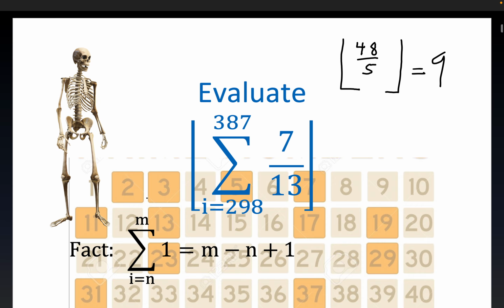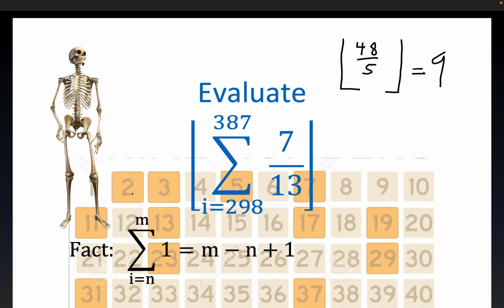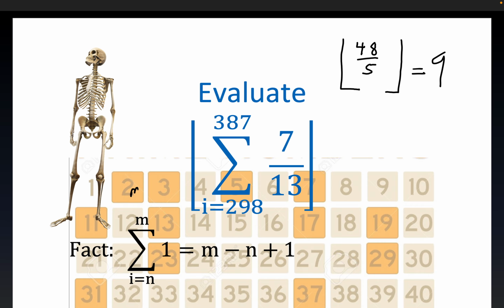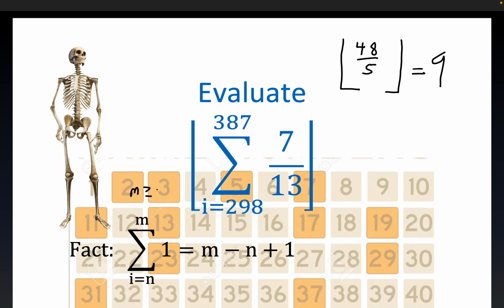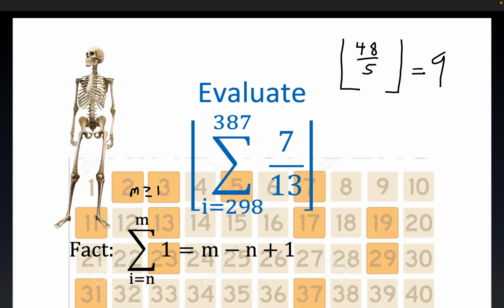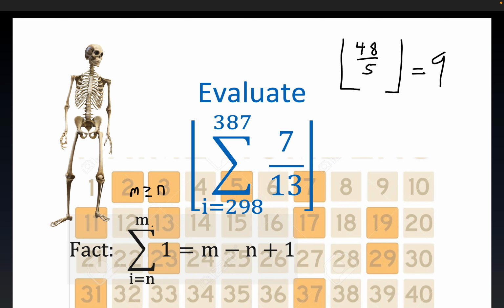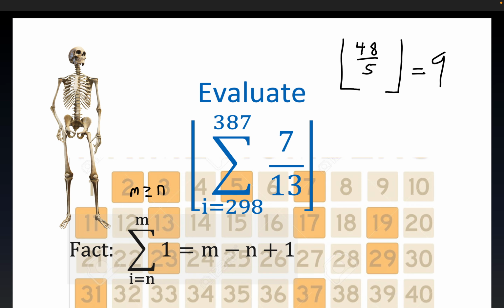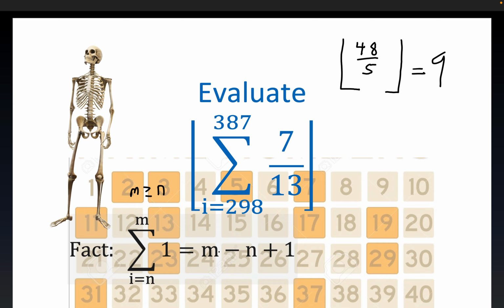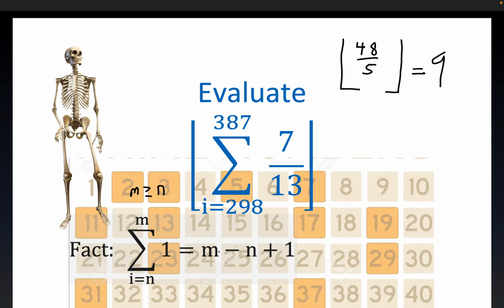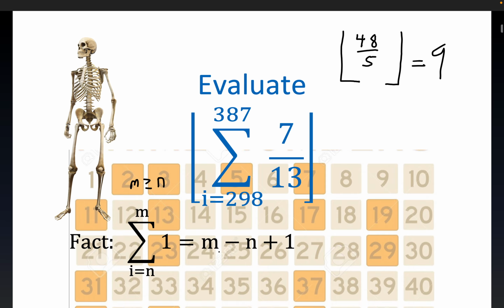I think I left something out here. We need m to be greater than or equal to n. The upper limit has to be greater than or equal to the lower limit for this to make sense. Let's just do a concrete example of that.